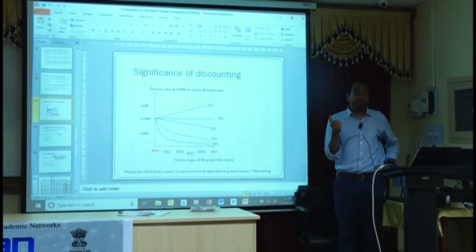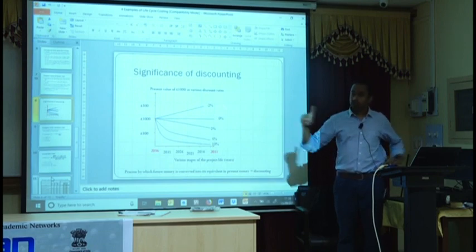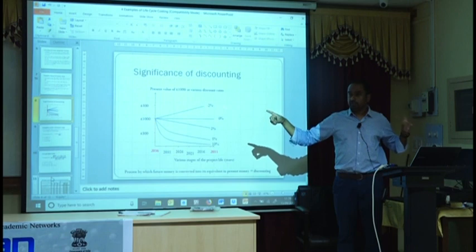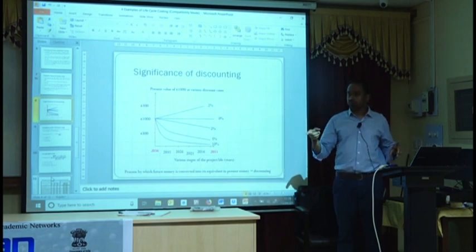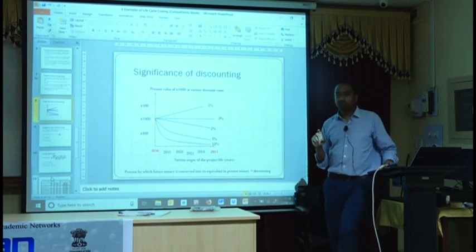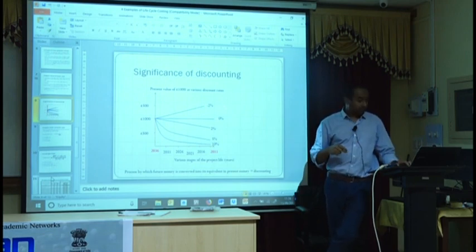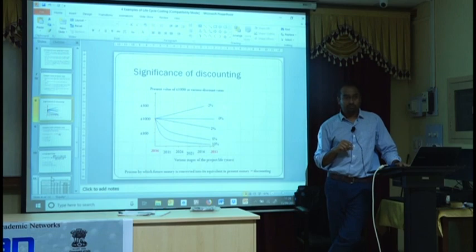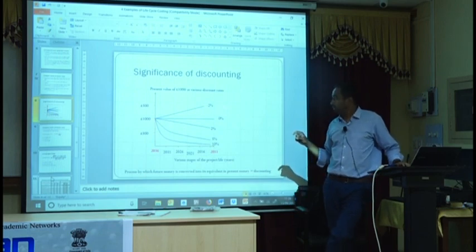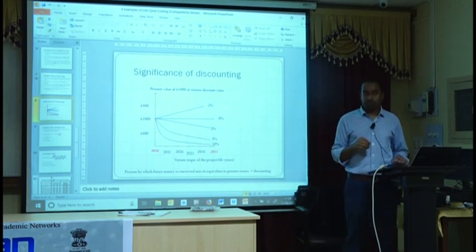So if you look at PFI or DBFO, what is the one here? The Public-Private Finance Initiatives. BOT, sorry. That kind of systems, there will be some calculations at the back end using a discount factor. In the UK, the Treasury has defined the discount factor to be 3.5, I think.